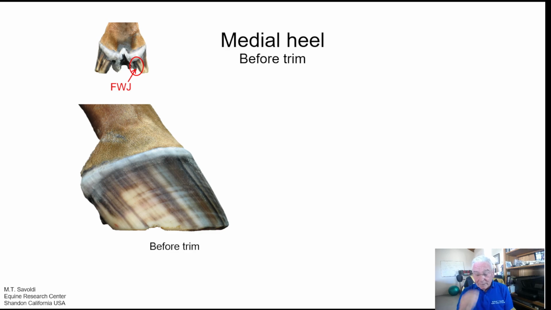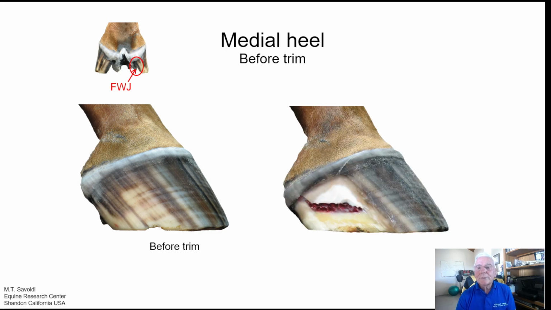So let's look at the medial foot. The medial foot before trim, after trim. I'd also like to point out how shiny this wall is in the heel area. That's a warning sign. Keratinized tissue should be dull in color. And when it's shiny like that, there's usually a sign of stress taking place.